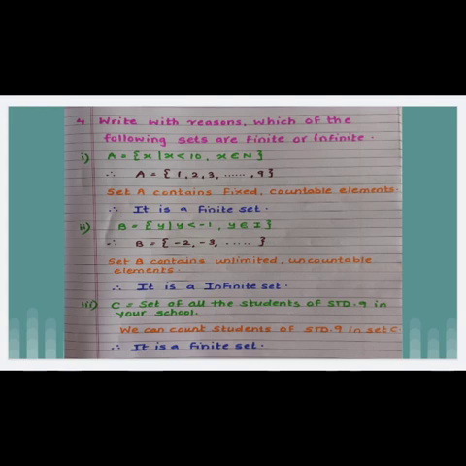Set C, set of all students of standard 9 in your class. Now students, we can count the students of standard 9 in your school, because we know the strength of each division. Hence, it is a finite set.